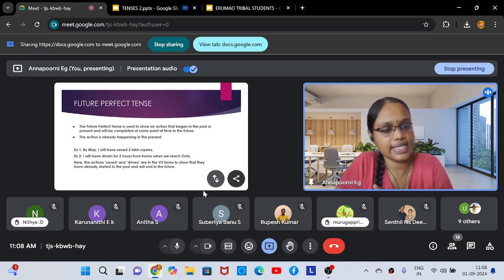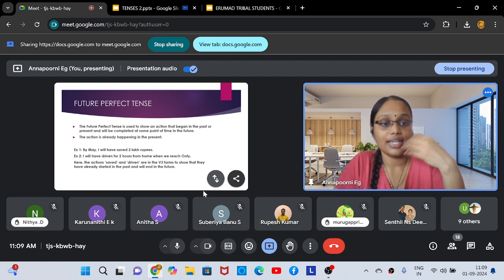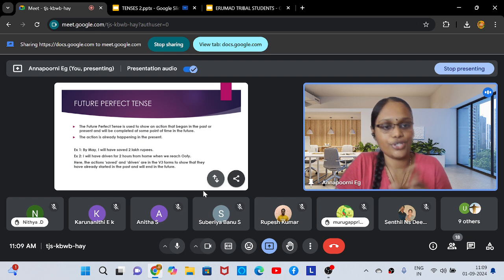So you started saving in 2023, still you are saving, but it will become 1 lakh only in 2025 or in the next year. So the action started in the past, it is still continuing, but it will get completed only in the future. Understood? The action started in the past, it is still continuing and it will end only in the future.